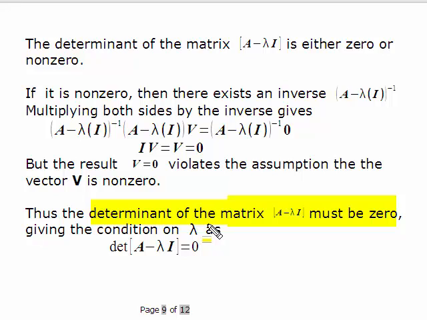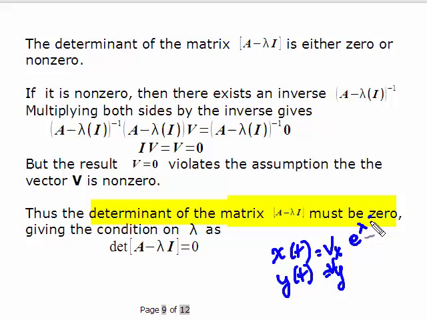Okay, let me go through that again. We made an assumption on the form of the functions x of t and y of t, and that there were some constants, vx and vy, times this time dependence. We were encouraged by the success of using this kind of a solution for the second order equations, and especially encouraged since second order equations can be written as these kind of systems.